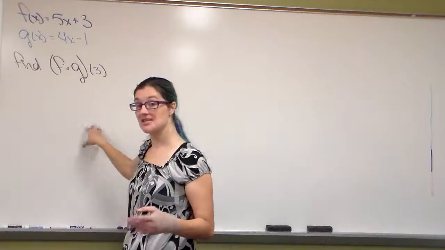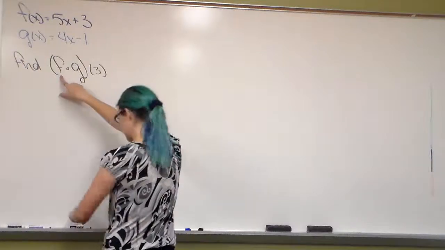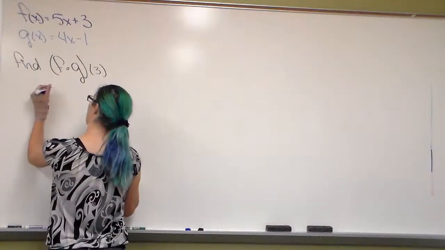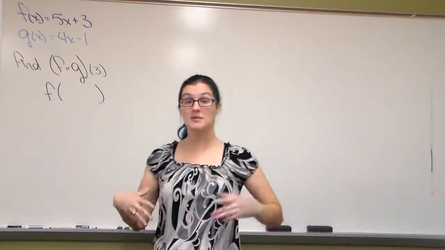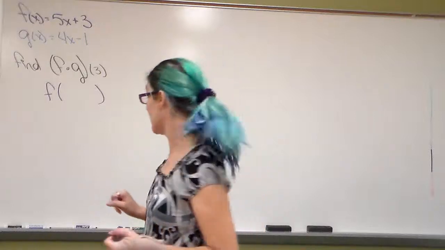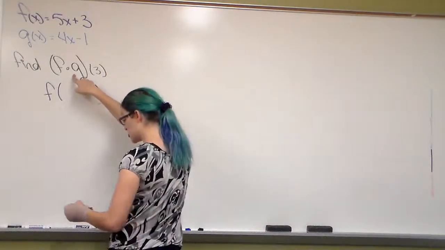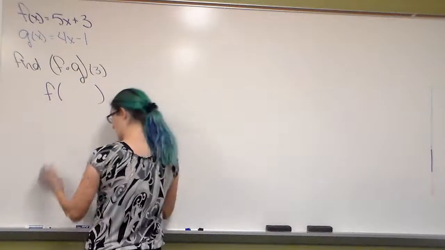And this is how I suggest to my students that they should rewrite this. Take your f, and I did my f in purple. And I'm going to write it as an f of something. Normally it would be f of x. But this is not as simple as that. Okay? Then I'm going to take my next one, the g. Always start with the one that comes first. G goes inside.